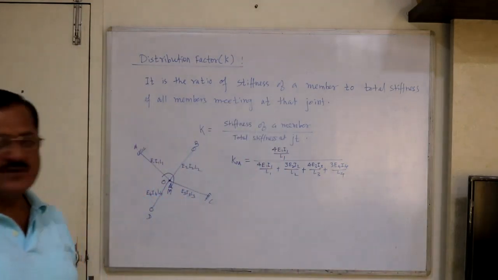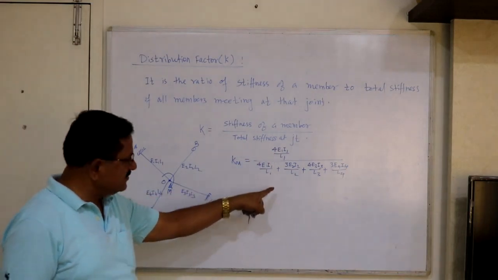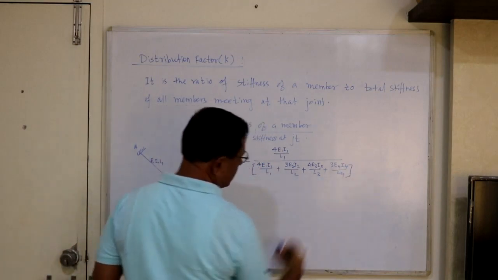So the distribution factor of member OA is given by the stiffness of OA divided by the total stiffness at the joint. So this is the total stiffness at the joint.